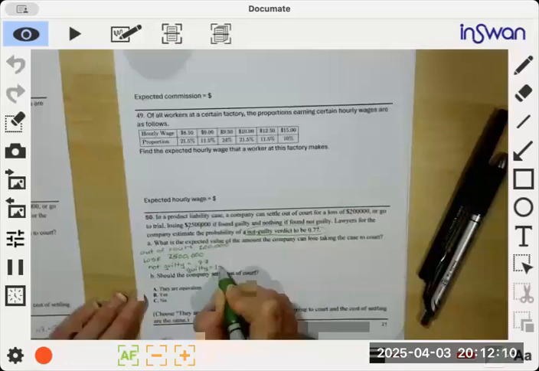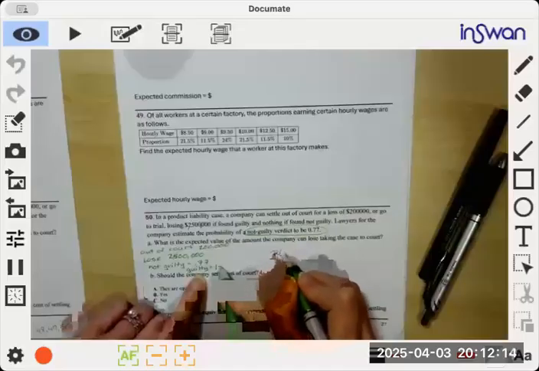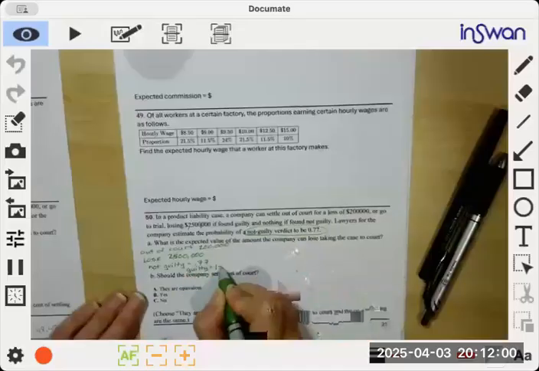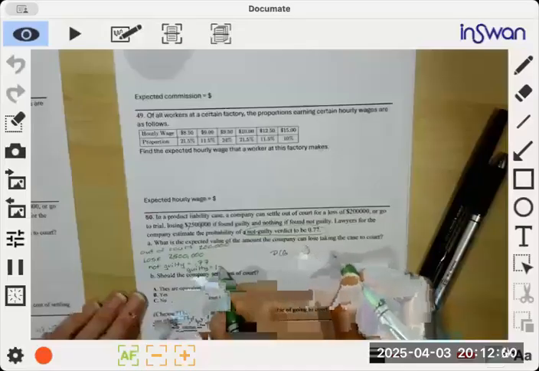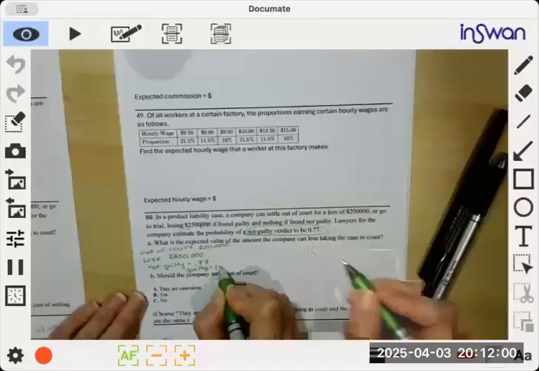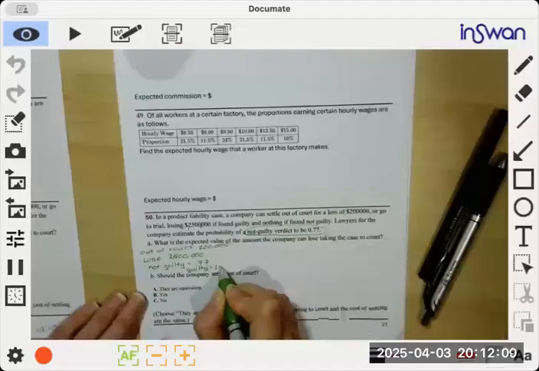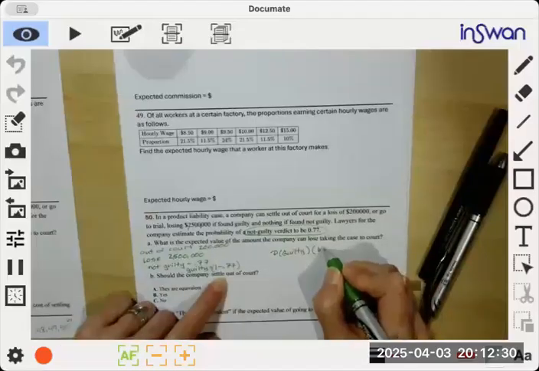So we're going to take the probability of guilty times the loss. Sorry, times the probability.